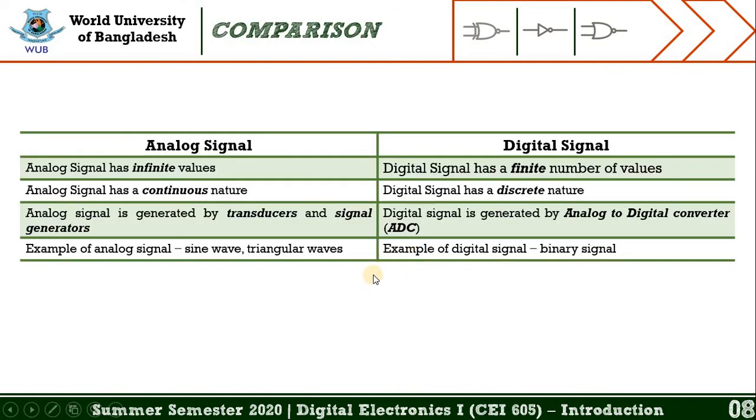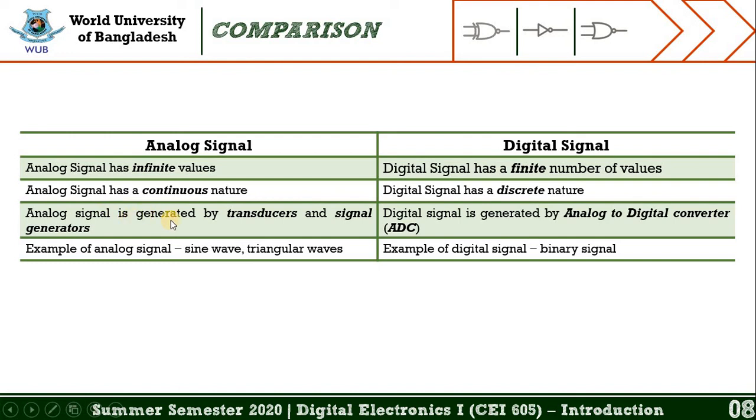From this slide, we can conclude a comparison between analog signal and digital signal. So let's begin. Number one states that analog signal has infinite values, whereas digital signal has a finite number of values. Next one, analog signal has a continuous nature, digital signal has a discrete nature.